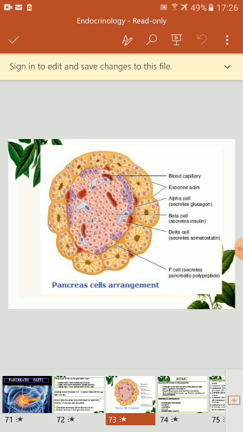Apart from these, there are some F cells on the peripheries that also secrete pancreatic polypeptide. But it's not important to memorize these F cells; most importantly you should know the three types of cells: alpha, beta, delta cells, and the three major hormones released from these cells. The most numerous cells present are beta cells.